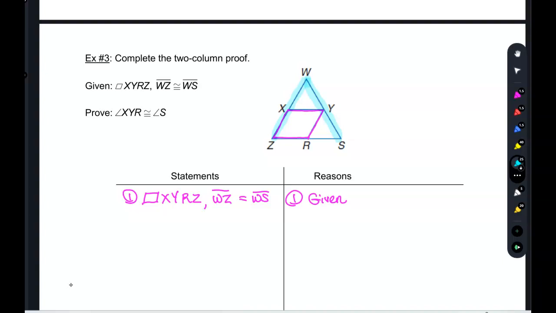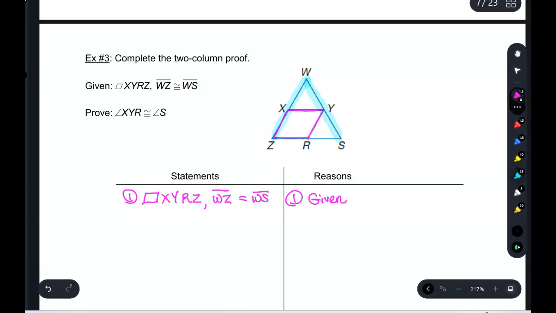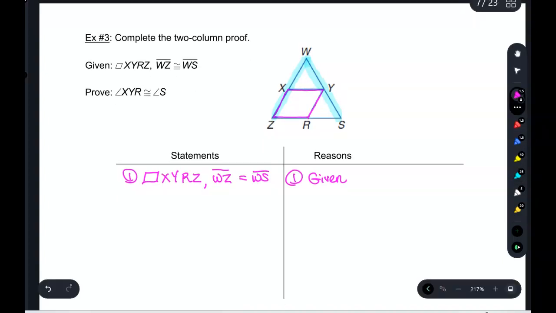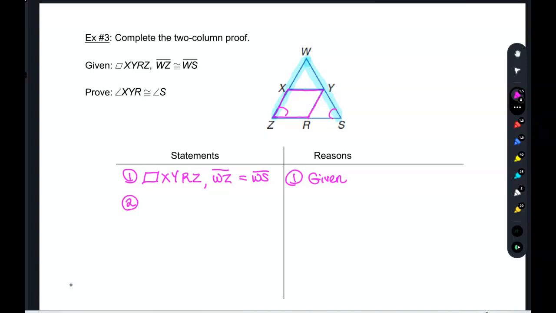So we can say if these two sides are congruent, angle Z is congruent to angle S. Do you remember that? These two are congruent. Right. So angle Z. Now I only need one letter for these because there's only one angle at those particular points.